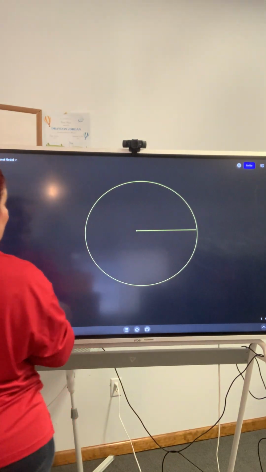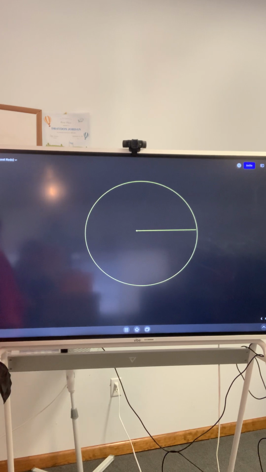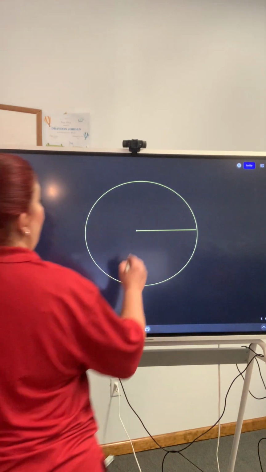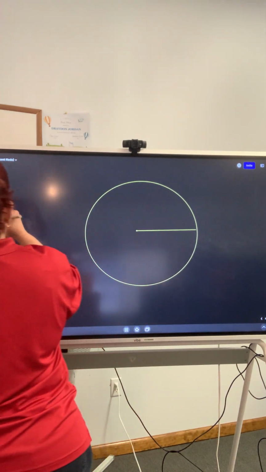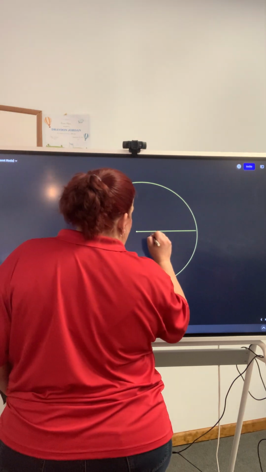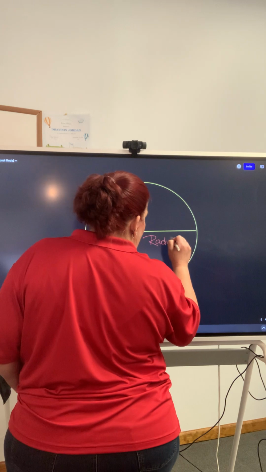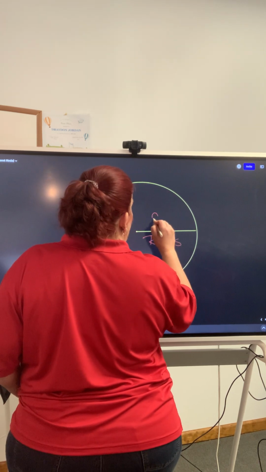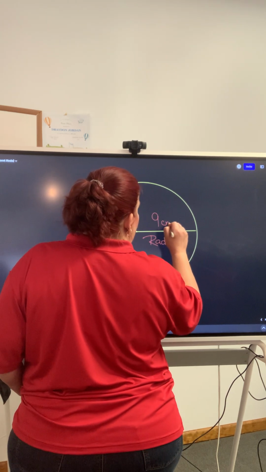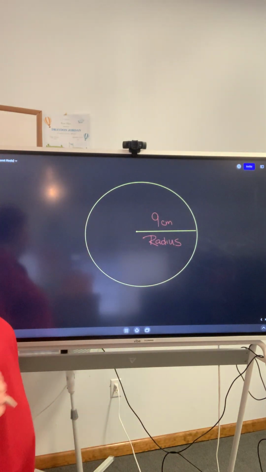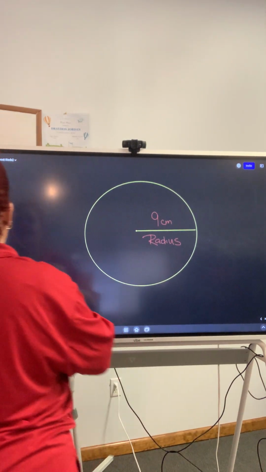Okay, that's looking pretty spiffy right there. Okay, so let's write radius here. And we'll do 9 centimeters, okay?